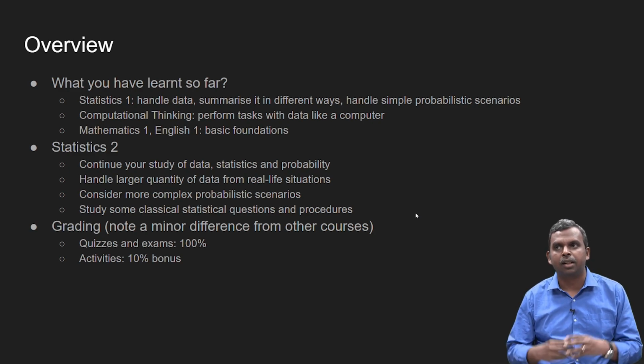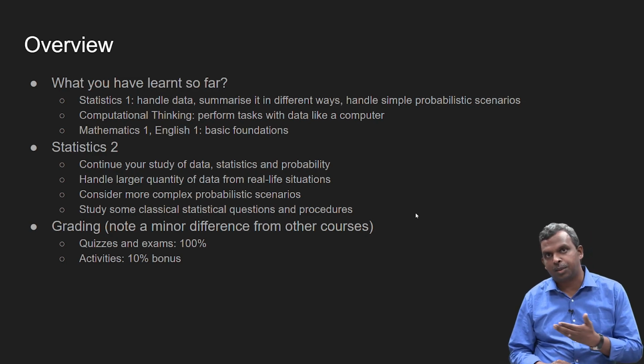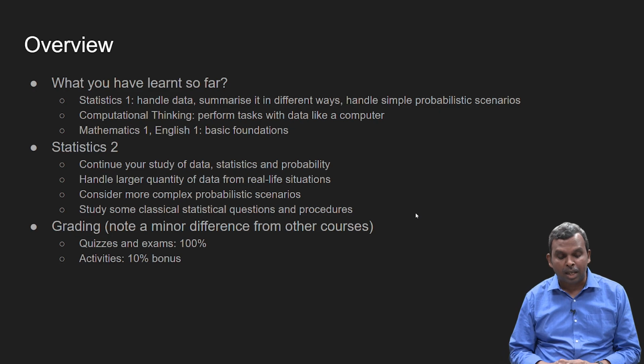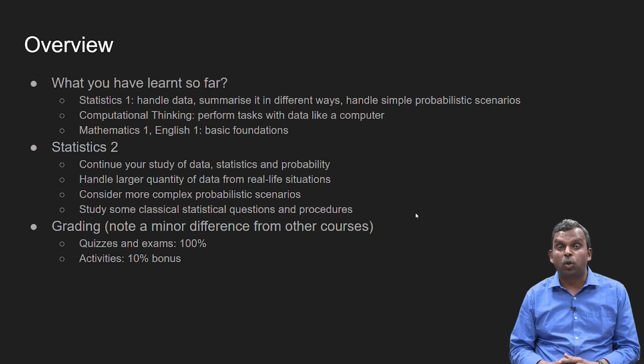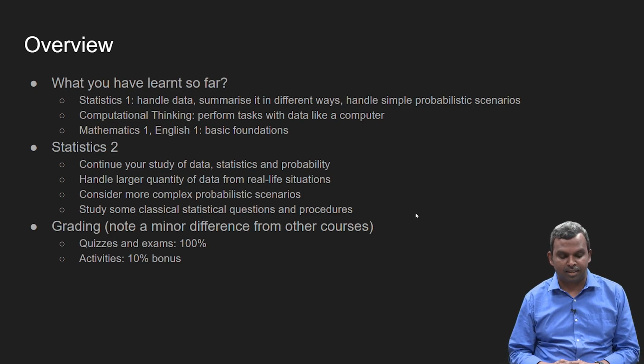This is an important course which is going to connect a lot of things for you. In particular, we'll continue our study of data, statistics, probability, look at connections between them, how one works with the other. And slowly, you'll also handle larger amounts of data in this class. You will start getting comfortable with larger amounts, and try to understand the difficulties in handling large amounts of data using computers.